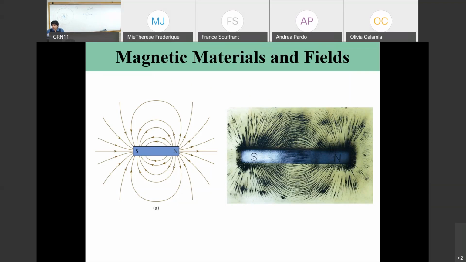And on the right, you have iron filaments. These iron filaments are placed all around the magnet, and we use them to analyze the geometry or the shape of the magnetic field around the poles of the magnet. That's very interesting, right? And this experiment can actually be recreated very nicely in the lab.